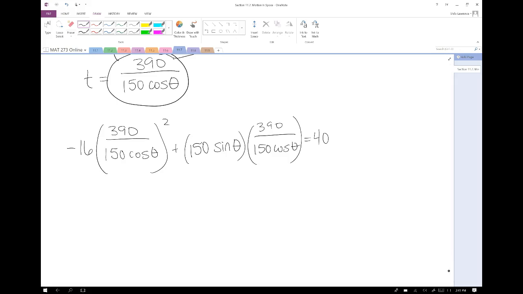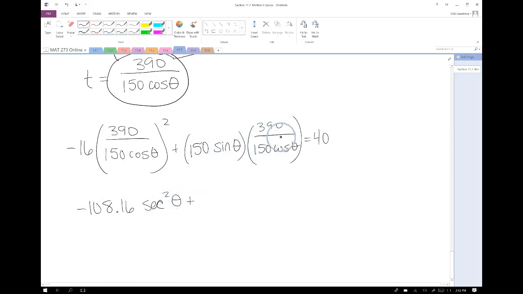So I'm going to do a whole bunch of simplifying. I'm going to calculate 390 divided by 150, and I'm going to square it, and I'm going to combine it with my negative 16. My cosine, which is squared, I'm going to pull up to the numerator as a secant squared. And I get negative 108.16 secant squared theta.